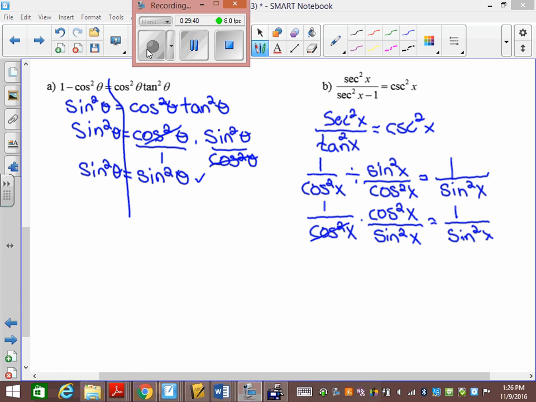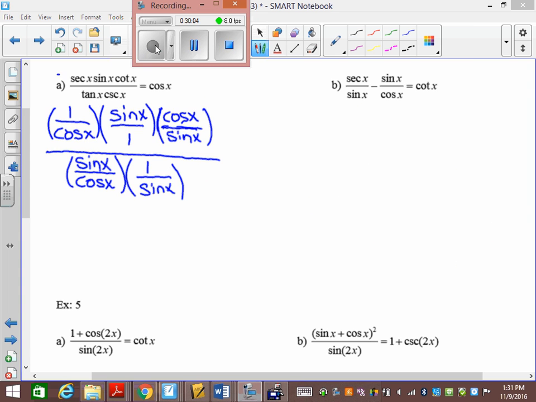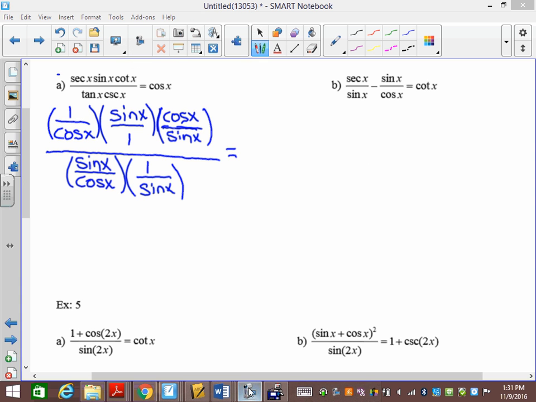The cos squared x's cancel, and you're left with 1 over sine squared x. Then flip over and try the next page. If everything cancels off the top, does that just mean the top goes away and vanishes for life? What is it still? It's a 1.